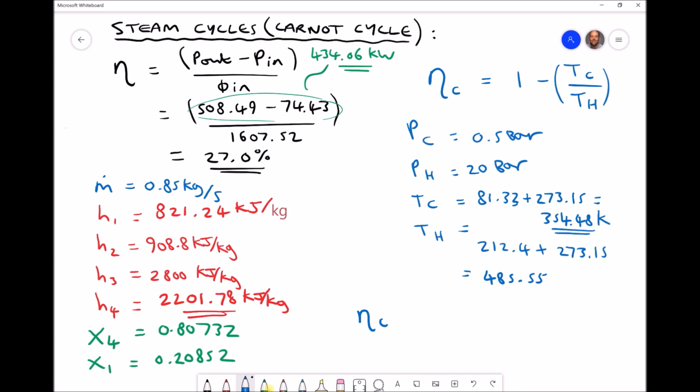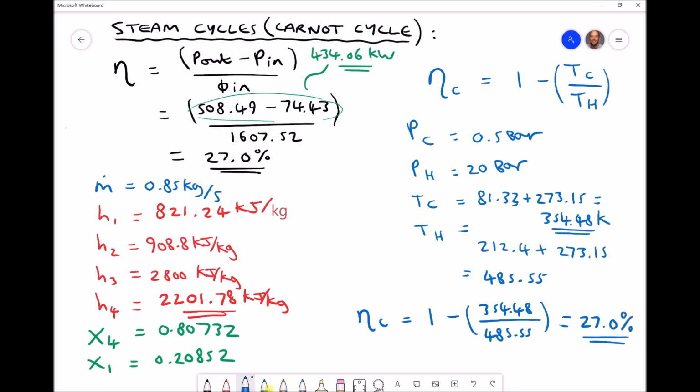Therefore, our Carnot efficiency is 1 minus 354.48 divided by 485.55, giving us an efficiency equal to, and no surprises there, a value of 27.0%.